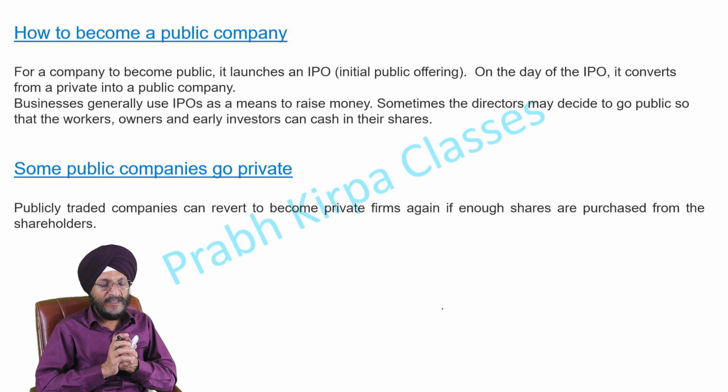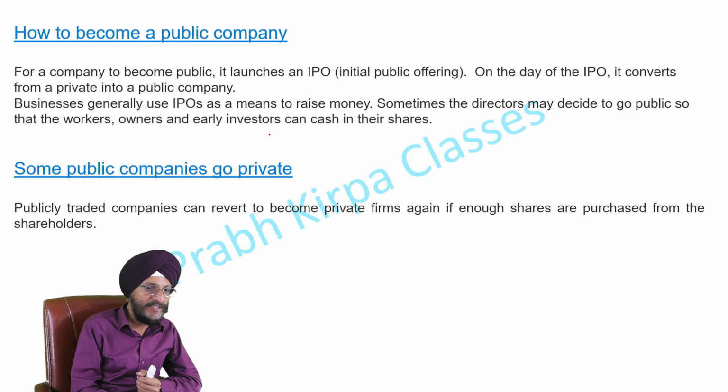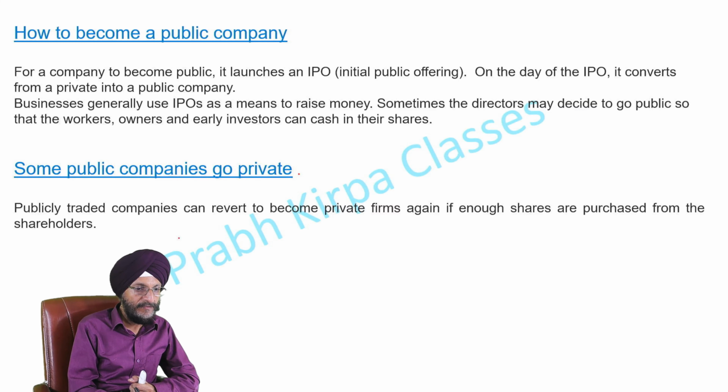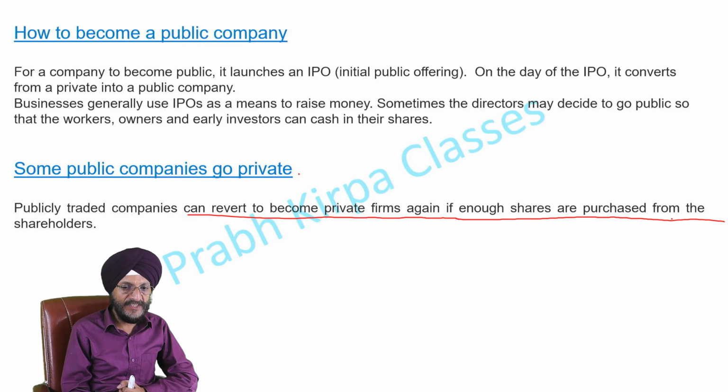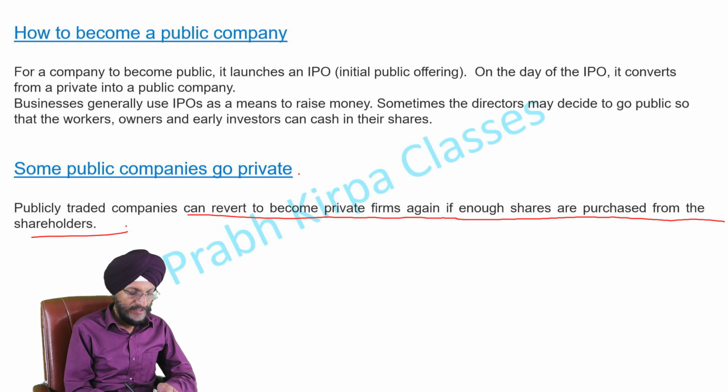Sometimes the directors may decide to go public so that the workers, owners, and early investors can cash in their shares. Some public companies go private. Public trading companies can revert to become private companies again if enough shares are purchased from the shareholders.